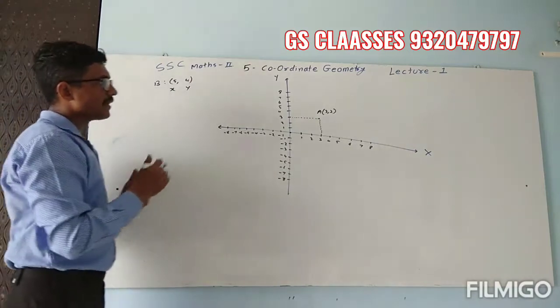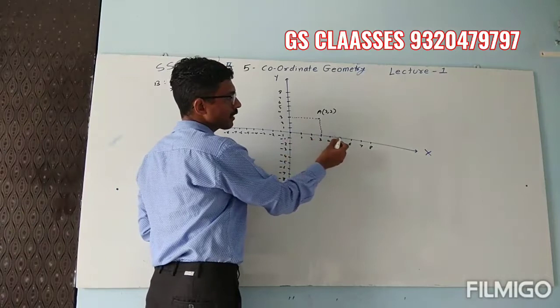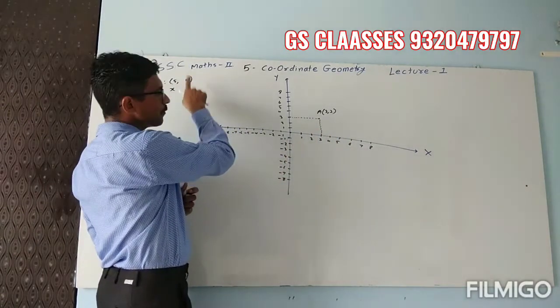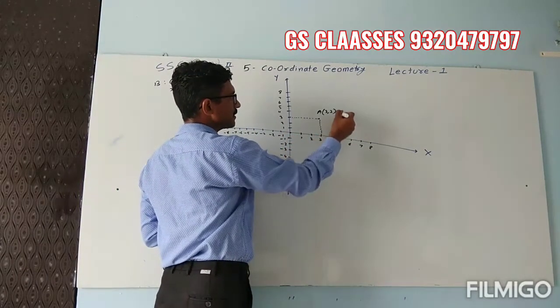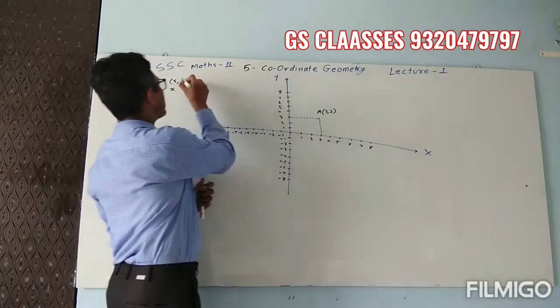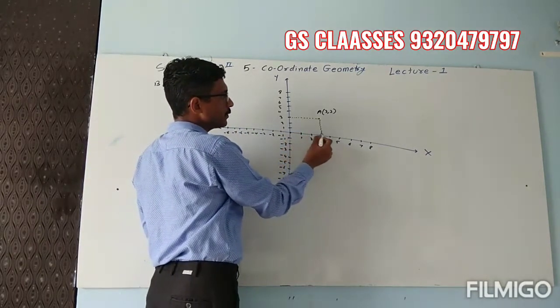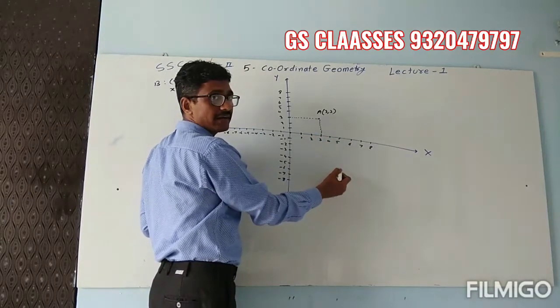On the x-axis, if I am moving 5 steps: 1, 2, 3, 4, now here 5. On the y-axis, I have to move 4 steps. If I am taking that as -4, then I will move 1, 2, 3, 4. Minus means I have to move on the negative side.